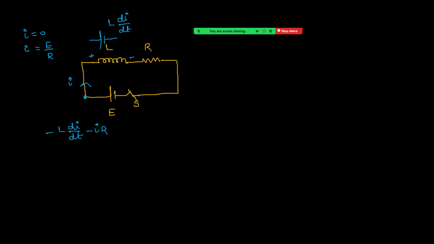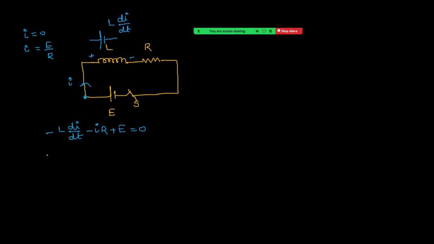Next, coming to here, we are moving from low potential to high potential, so it is now plus E, that is equal to 0. So simply replace the inductor with an equivalent battery. Once it is done, now take Kirchhoff's second law. Now the remaining part is just a calculation part, nothing else. Now see how to simplify this.